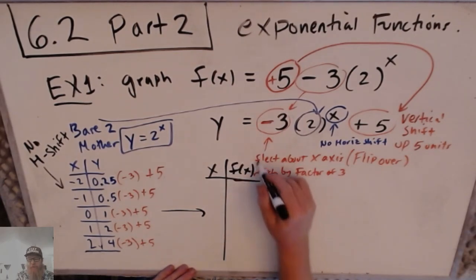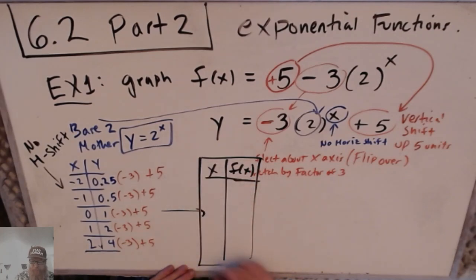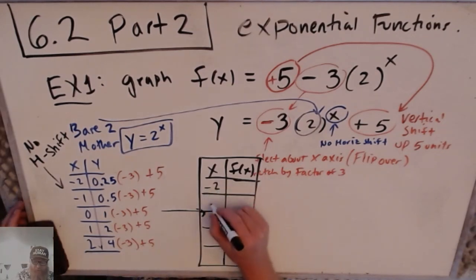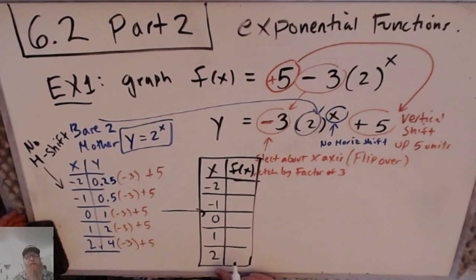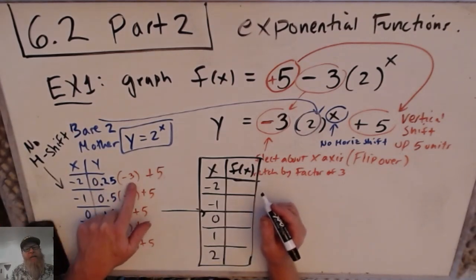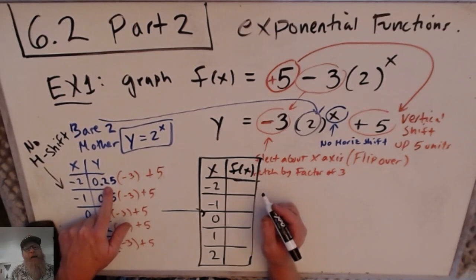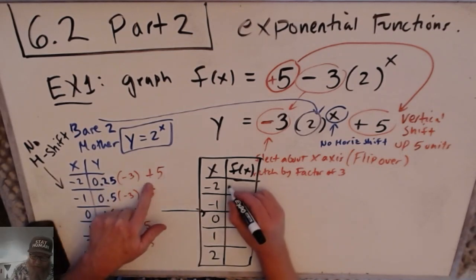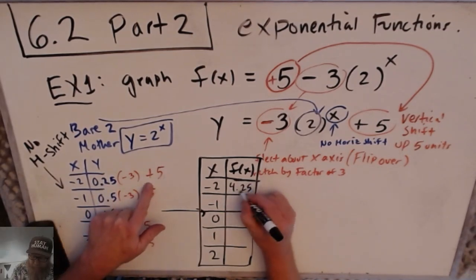But nonetheless, we can fill out our new table, hoping we get 2 good points. Notice the x's haven't changed, so we're going to use exactly the same x's. Our y's are going to change a little bit. We've got -3 times 0.25 plus 5. That's going to be 4.25.